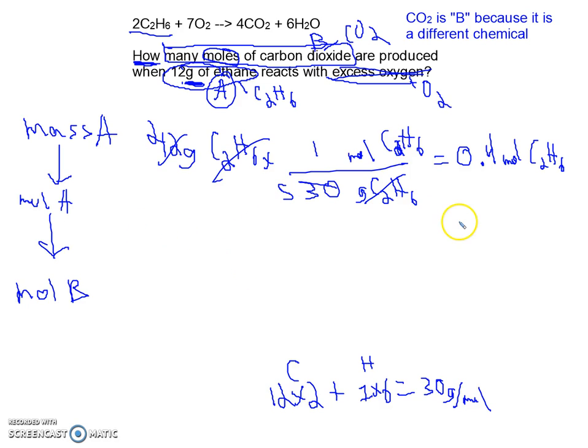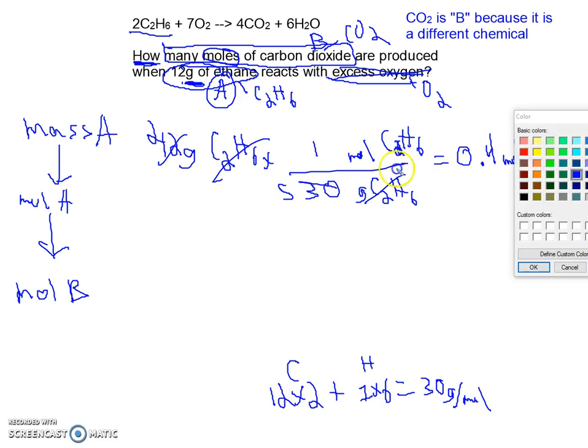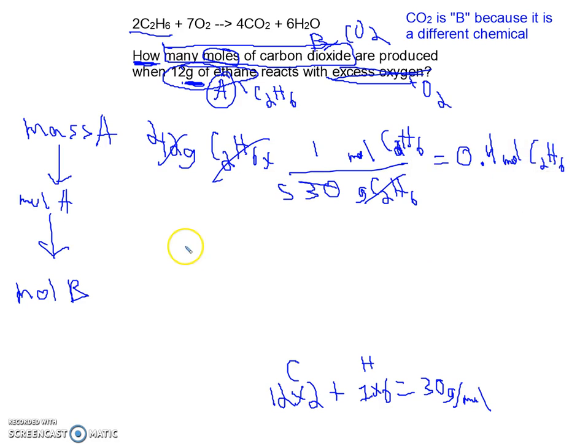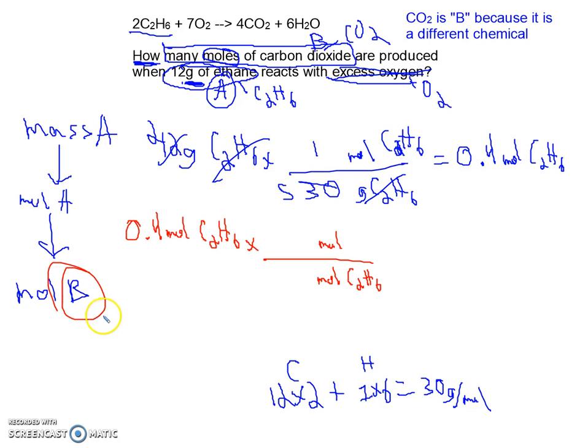So now we can do our second step. I'll change to a different color because it's our second step here. We want to cancel out moles of C2H6, and we want to go to mole B. I already forgot what B was.